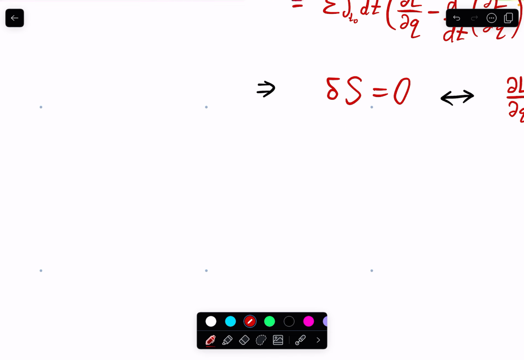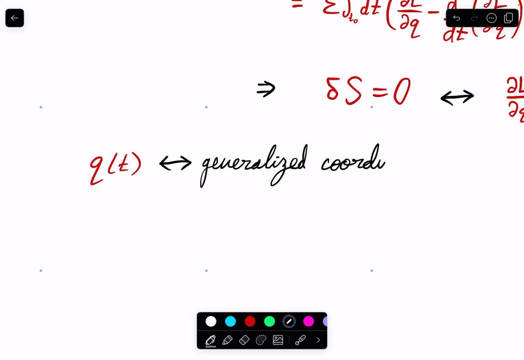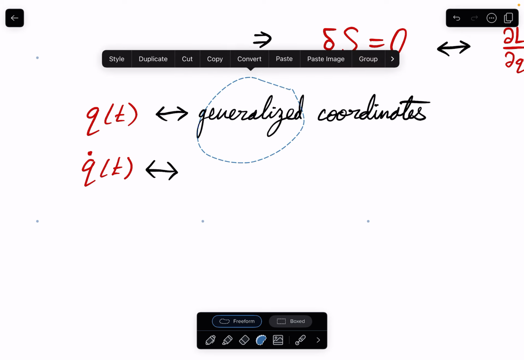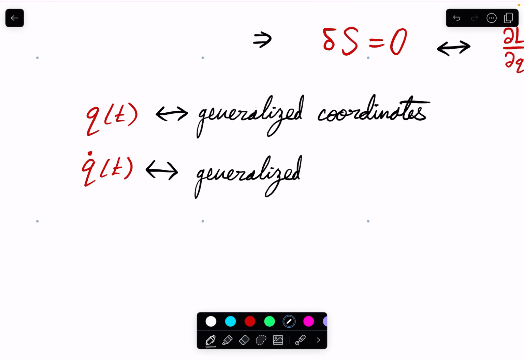Well, recall what I said before, that q and t are like coordinates. So these are generalized coordinates. And then this q̇ is generalized velocity.